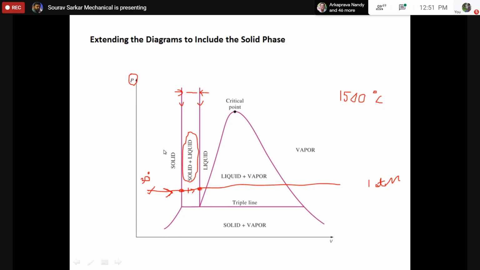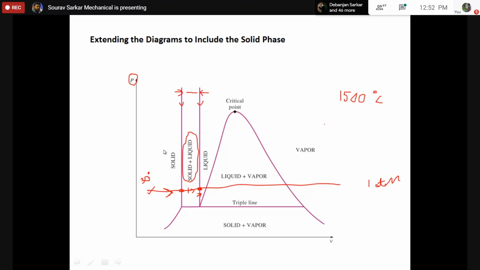Now the question is, what is the temperature at this point? Is it higher than this temperature? No, same temperature, because it is a phase change process. Yes, the temperature will remain constant. Now after that, if you further heat it, the temperature will again increase.